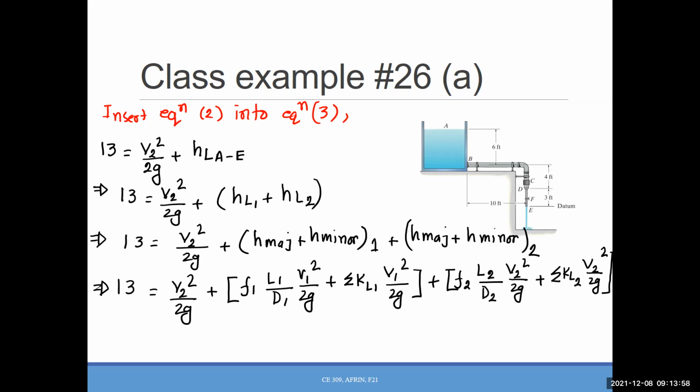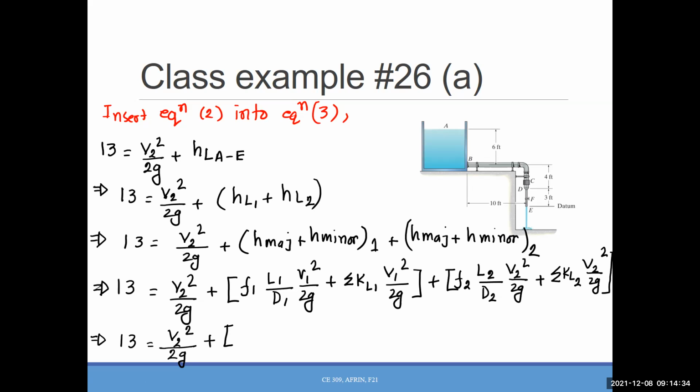The next line is very important because in the next line we will input all the known values into this equation. So if I miss something, just stop me so that we can have the correct equation. Okay. So 13, I don't know anything about V2, so I will keep that as it is. Now, for part A, we know friction factor 1 and 2.